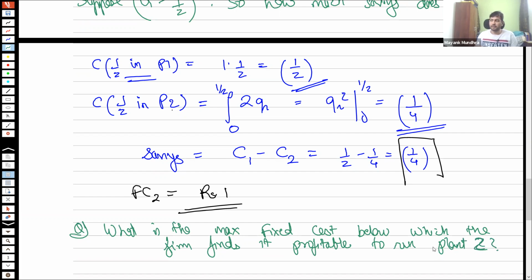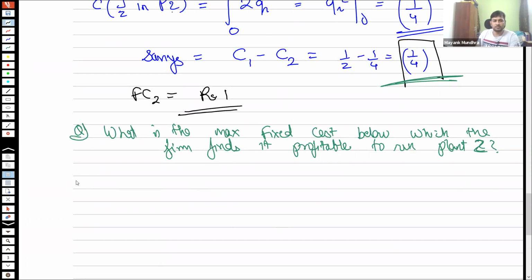What is the maximum fixed cost at which you might, at some level of production, want to start plant 2? So 1 by 4. Very good. 1 by 4 is the maximum. So if fixed cost goes anything above 1 by 4, you don't want to use plant 2 and add cost.